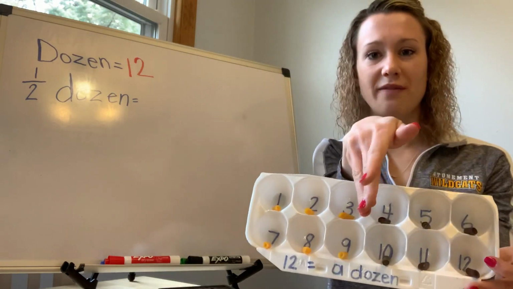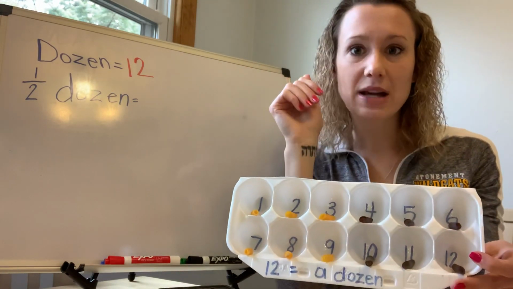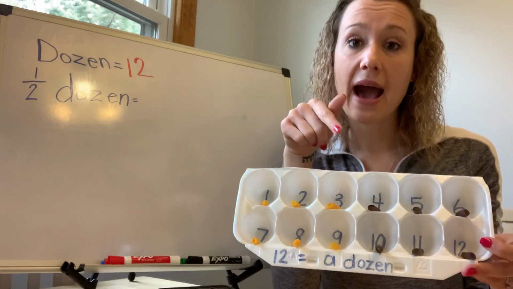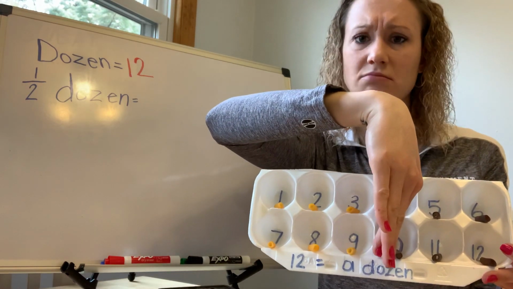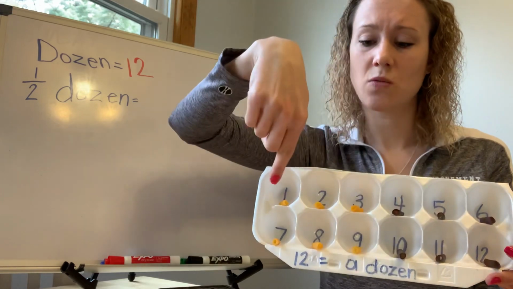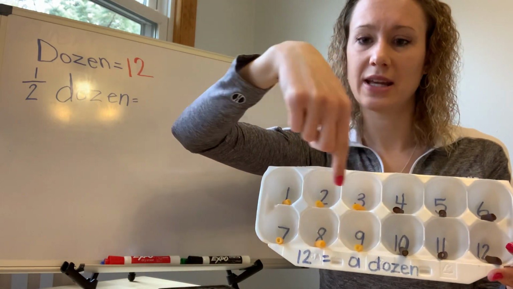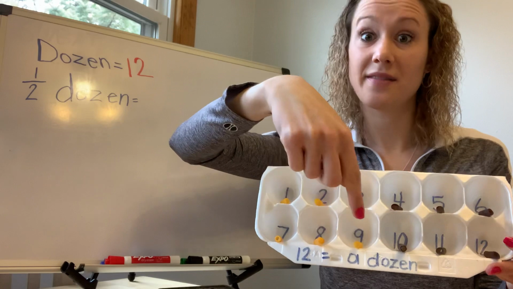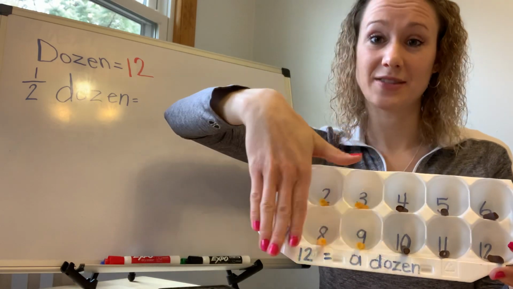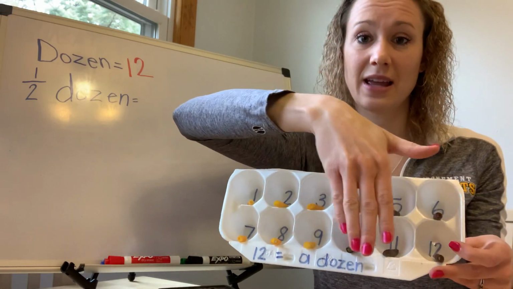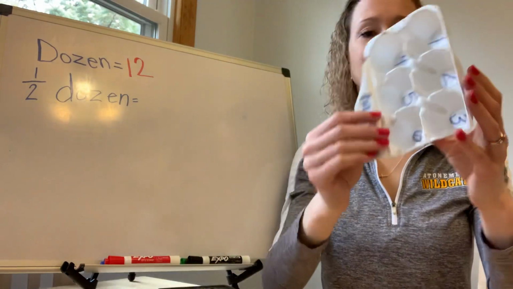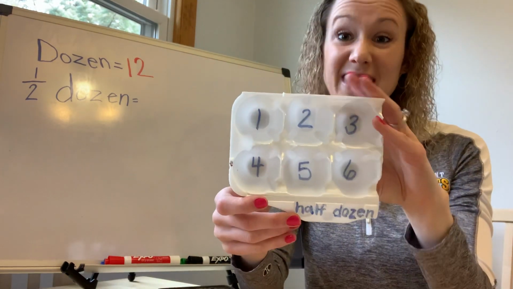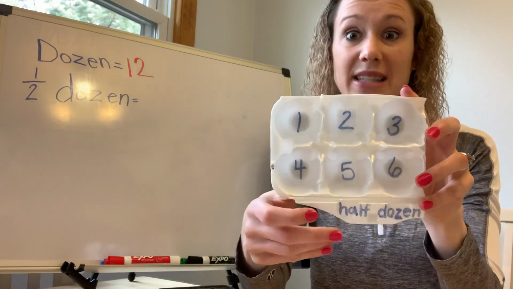And so if I have a line of symmetry going right down the middle, cutting it in half, well, how many eggs then are in a half dozen? 1, 2, 3, 4, 5, 6. Here's a half dozen, and here's a half dozen. So, in a half dozen, there are only 6 eggs, or 6 of something.